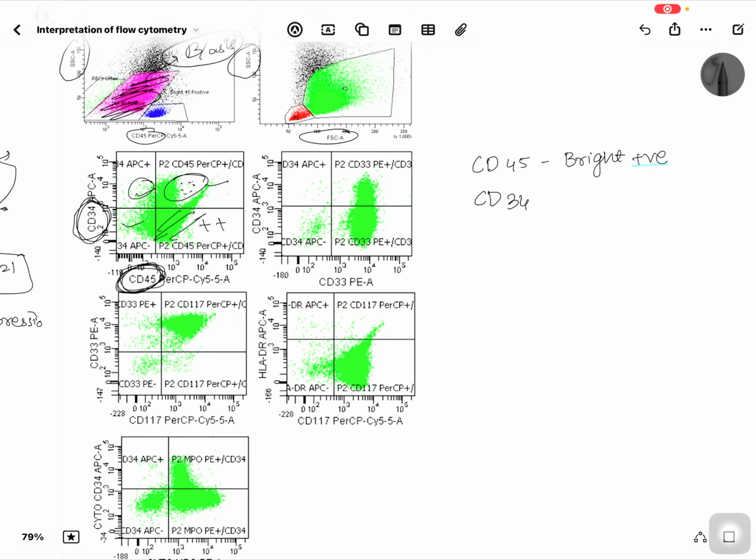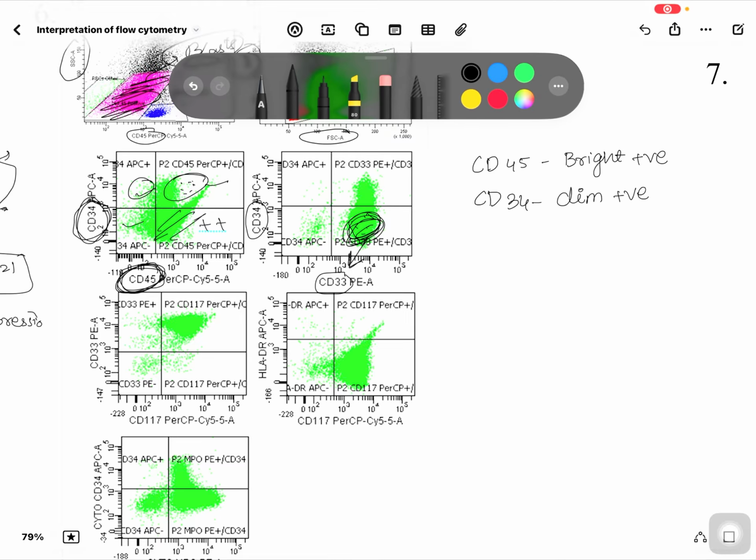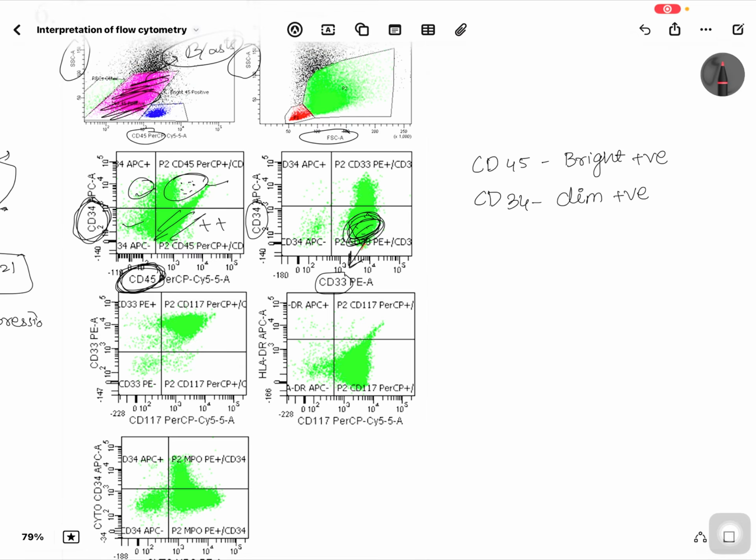So can I write CD34 dim positive? Yes. Okay, then CD34 and CD33. Again, CD33, majority of the population is here, which is telling you that CD33 is positive, which is this.